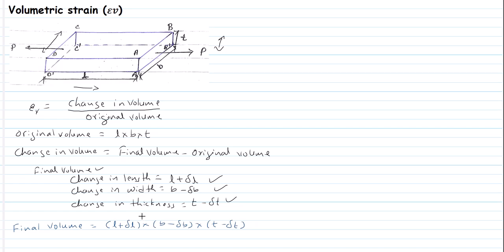So I need to multiply the change in length, change in width and change in thickness to get the final volume. This is nothing but the volume of the particular material after applying the load.